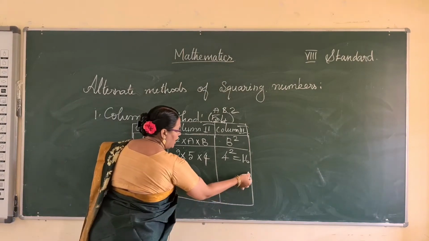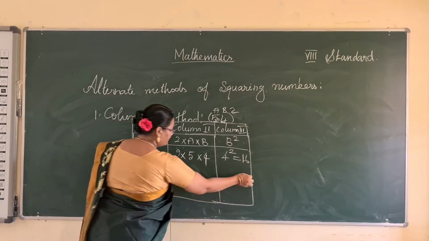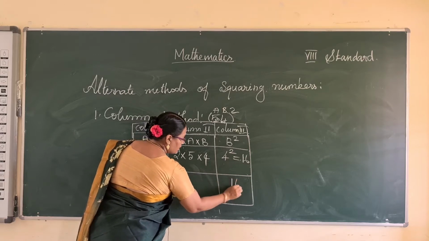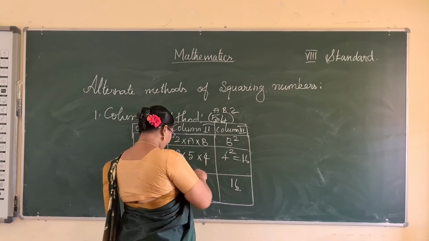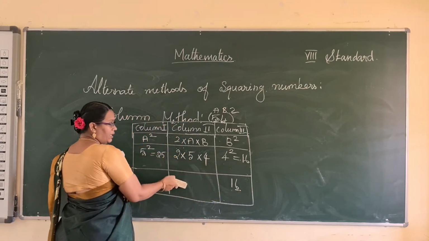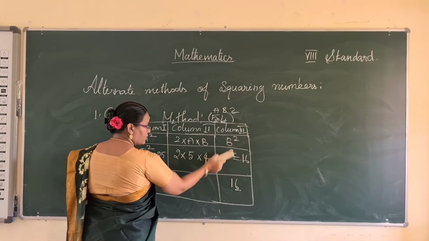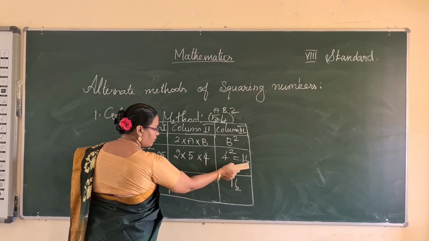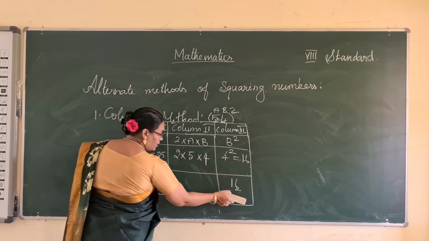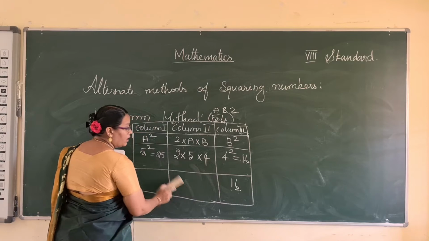Now start from column 3. The value of 4 squared is 16. Underline the unit digit 6, which stays in column 3. The remaining 1 moves to column 2.